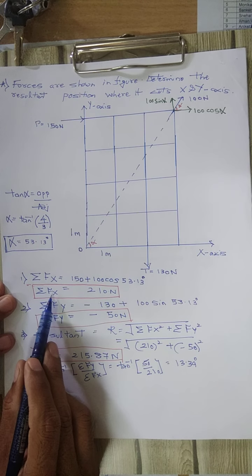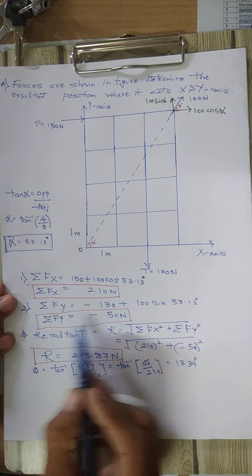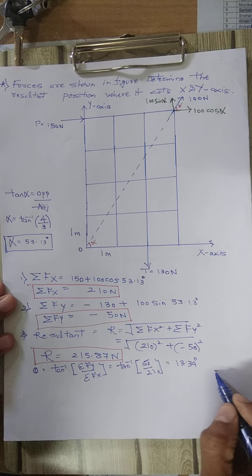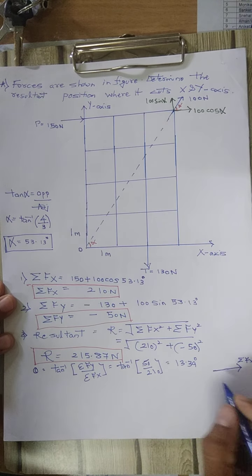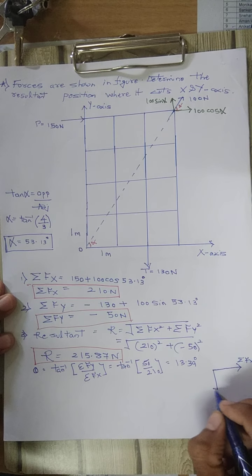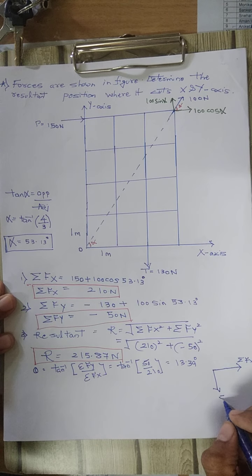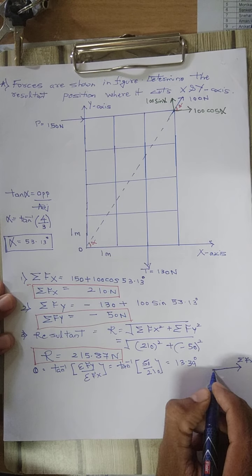By the value of Fx being positive and Fy being negative. So Fx is positive, Fy is negative, and this is the resultant.